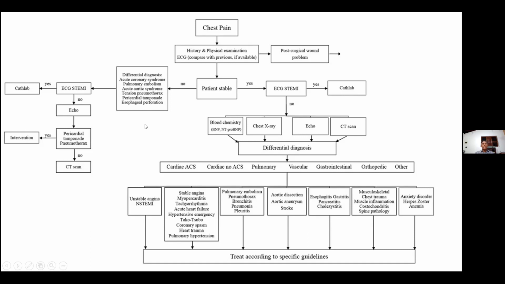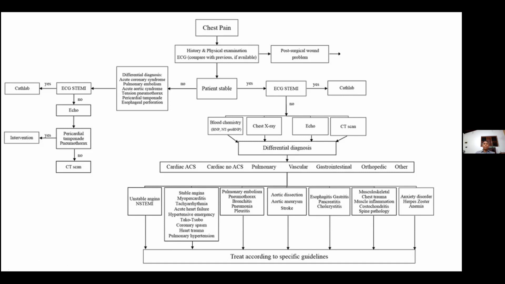So this is a big chart, but easy to follow. If there is STEMI, you follow them. If there is no STEMI, and if there is a pericardial effusion, this is where the focus is important. So you do the ultrasound, just see whether there is a big effusion.